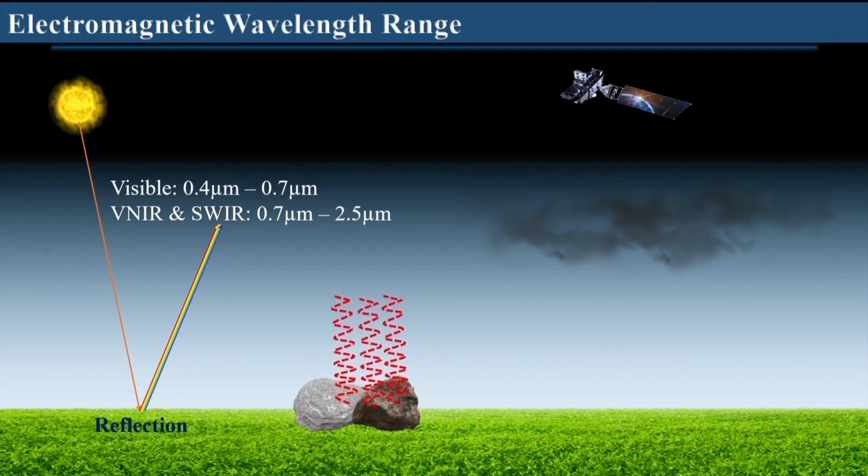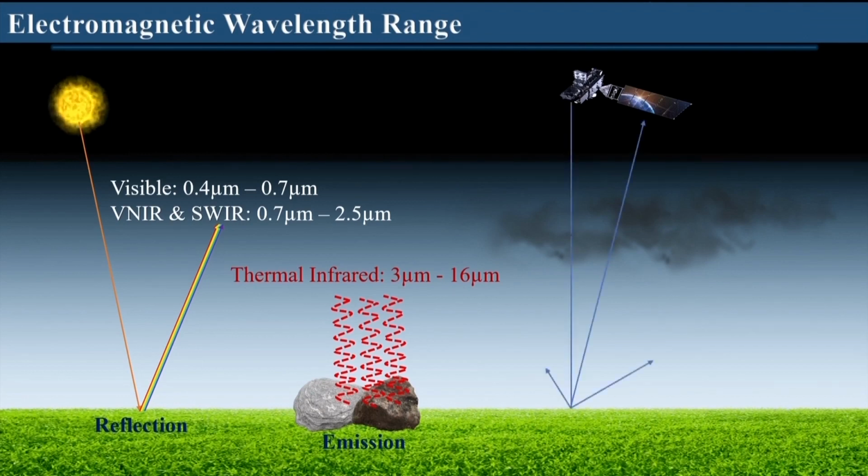In the next one, when there is absorption of this incident energy and the object has to maintain equilibrium with the surrounding, what will happen? There will be some emission. That emitted energy will be captured through our sensor. So, this is the thermal infrared wavelength, which starts from 3 micrometer to 16 micrometer.